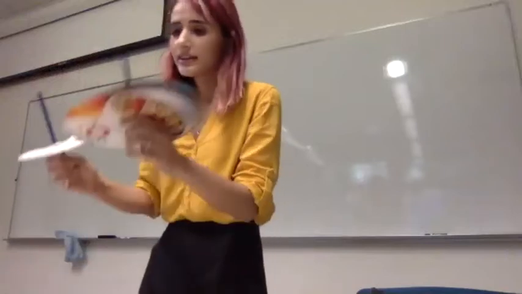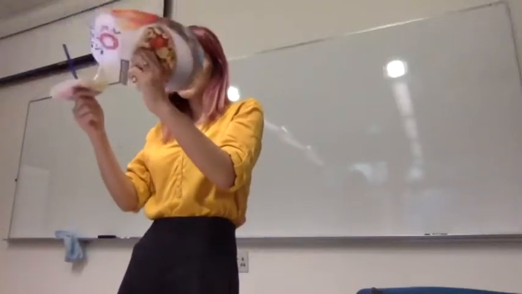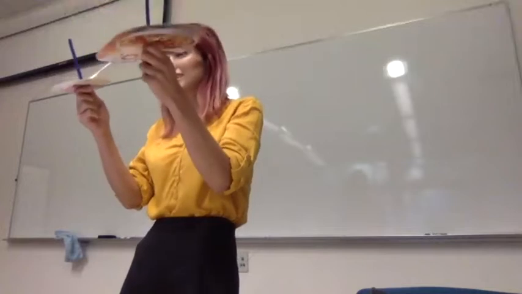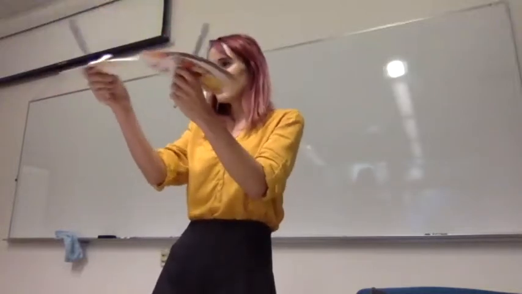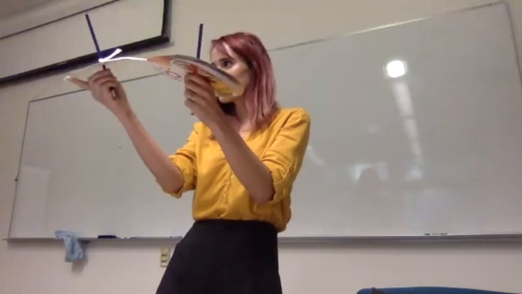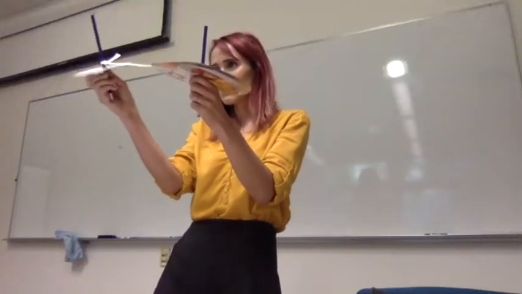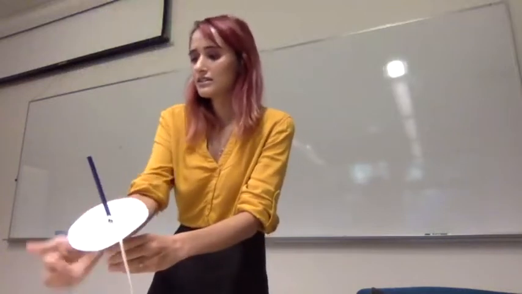So if this pencil here and piece of cereal box is the sun, and then this pencil over here is the Earth, and then this little piece of cereal box here, the outside of this is the path that the moon takes around the Earth. So the moon is going around here.